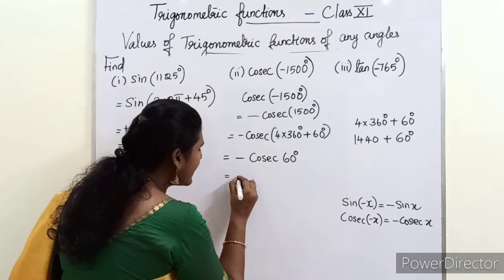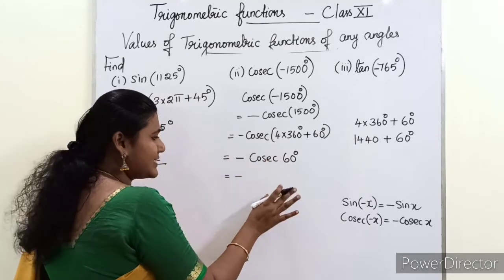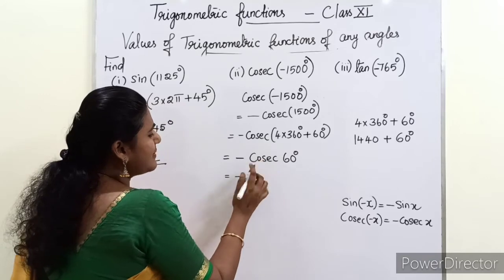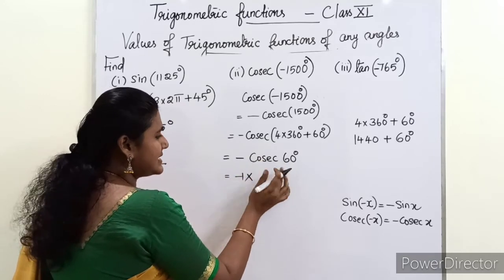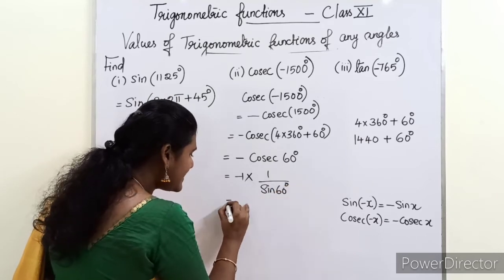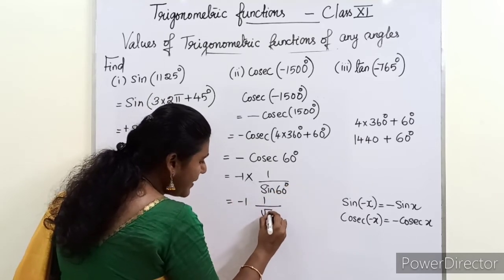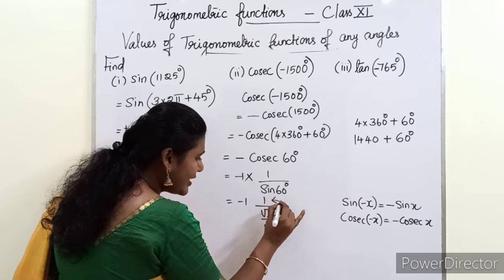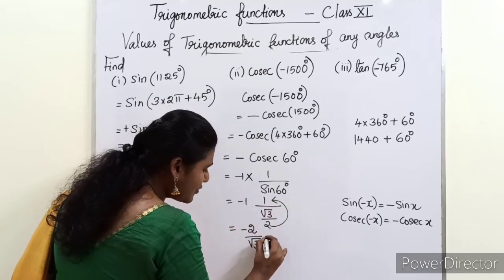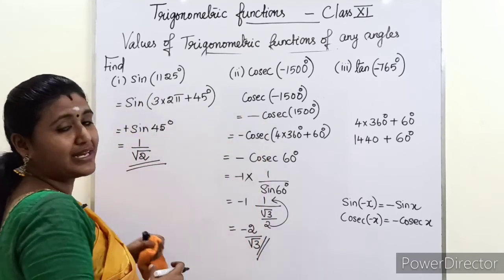So minus cosec 60 is minus 1 into cosec 60, that is 1 by sin 60. What is the sin 60 value? Root 3 by 2. So this 2 will go to the numerator. So the answer is minus 2 by root 3. So this is how you have to find the value.